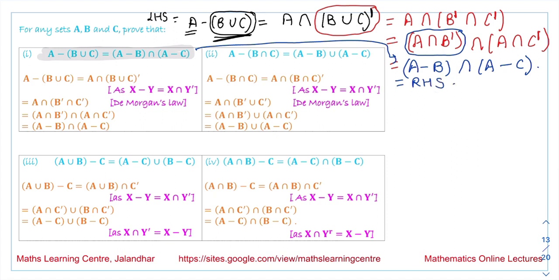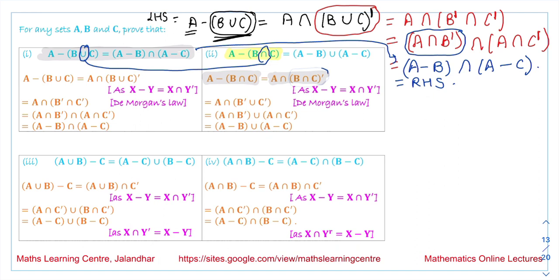Similarly, the next we have is A minus B intersection C. Earlier it was B union C, now it is B intersection C. So we obtain A minus B intersection C. This is equal to A intersection B intersection C complement.